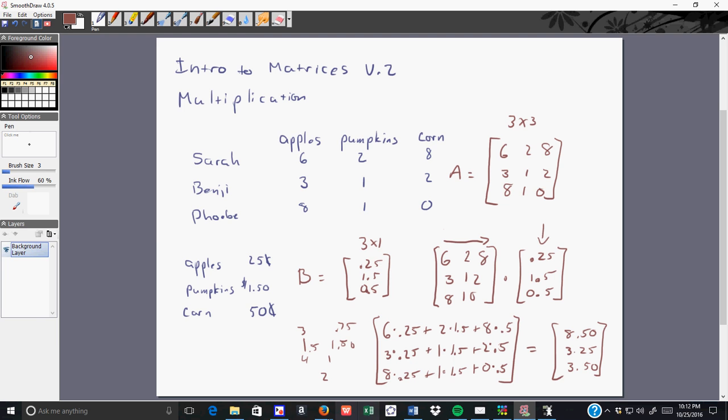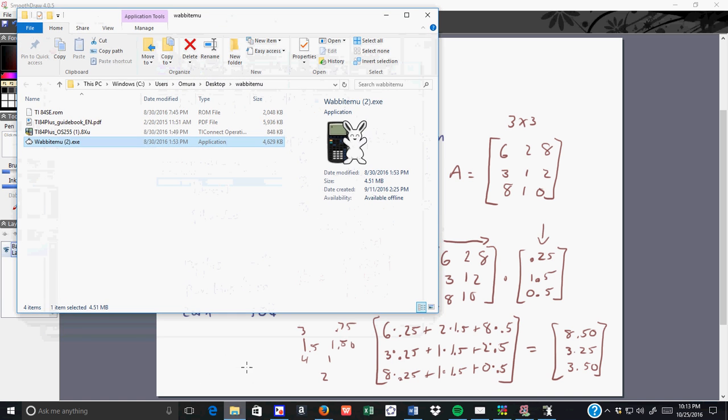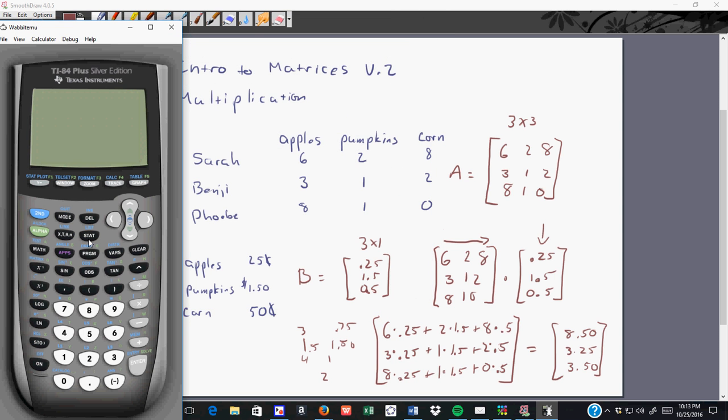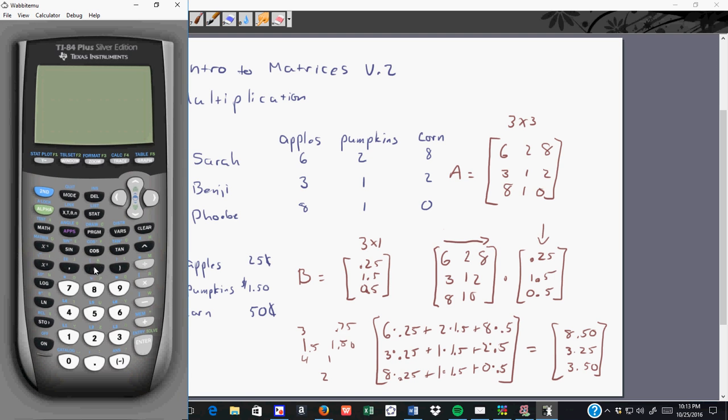I'm going to show you real quick how to do this on the graphing calculator. Oh, it's already up. So real quick, you turn it on and you have to press second, matrix, and I'm going to edit my A. Now my A is a 3 by 3 matrix.